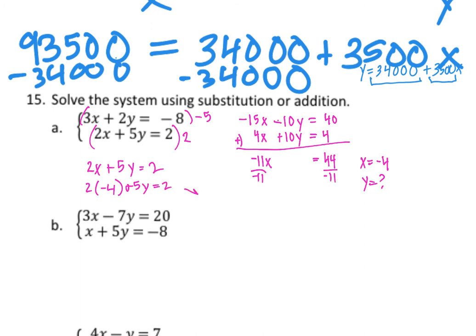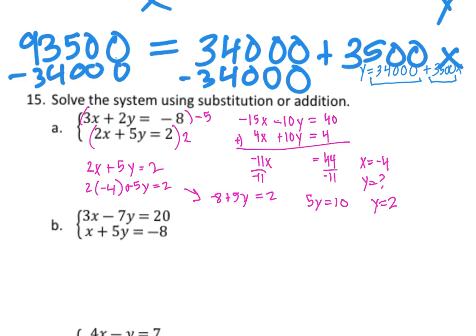So we end up with negative 8 plus 5y equals 2. Then add that 8 over, so we've got 5y equals 10. Divide both sides by 5 and we get y equals 2.